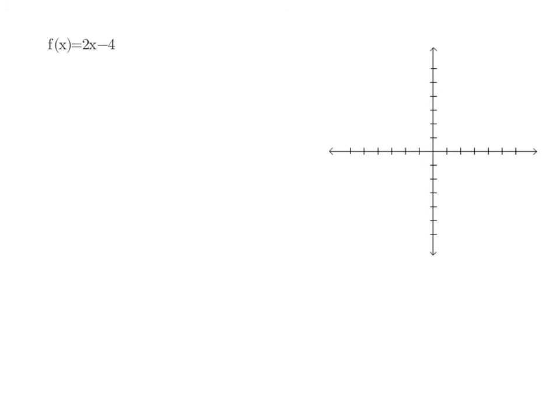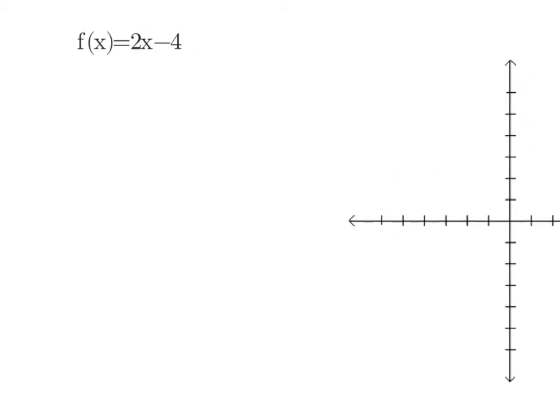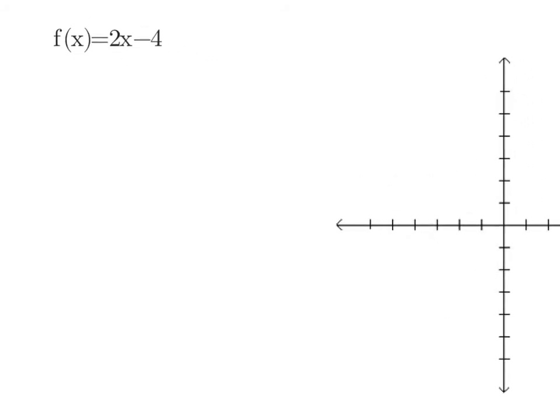Let's look at f of x equals 2x minus 4. Let's start by finding the inverse function. So I'm going to replace f of x with y. I'm going to go ahead and interchange my variables.